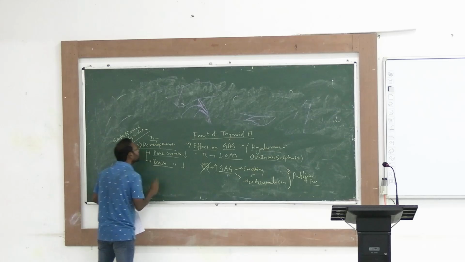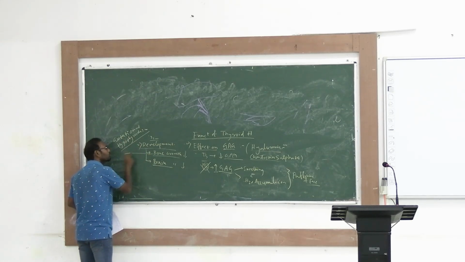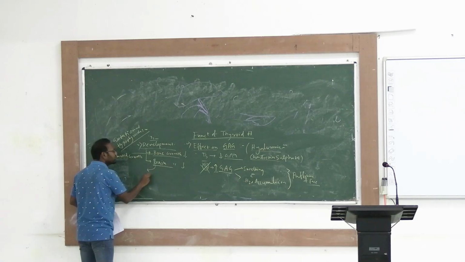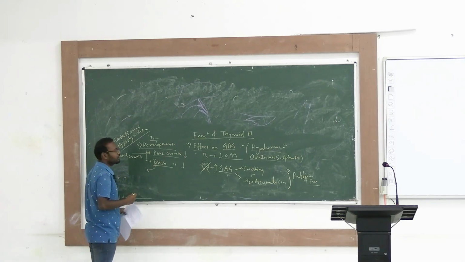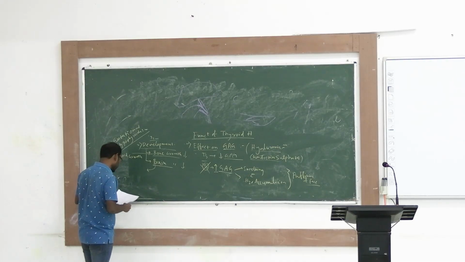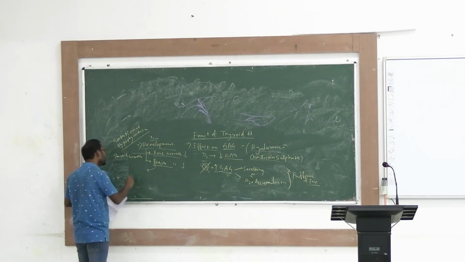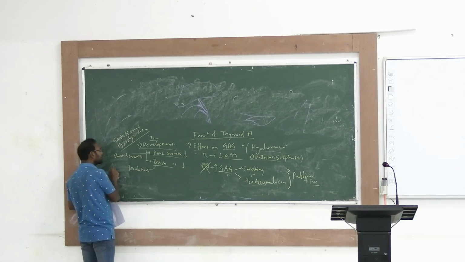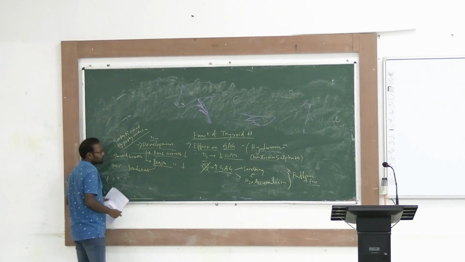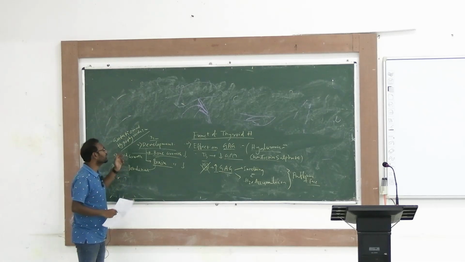Due to less bone growth, the growth of the baby will be stunted, and secondarily, hindrance of neural or brain growth is typically seen as mental retardation.